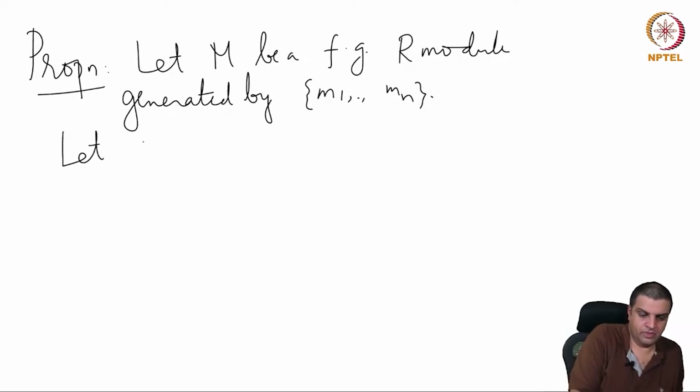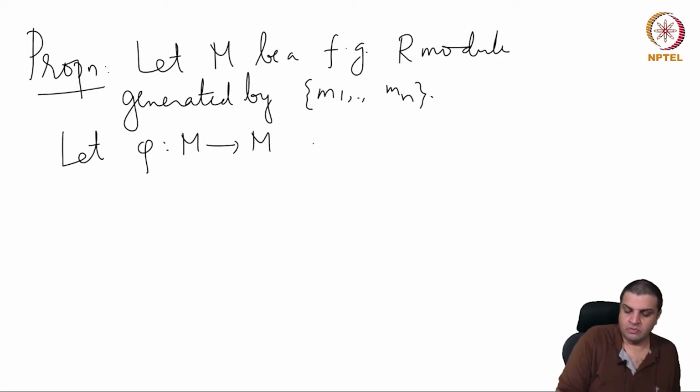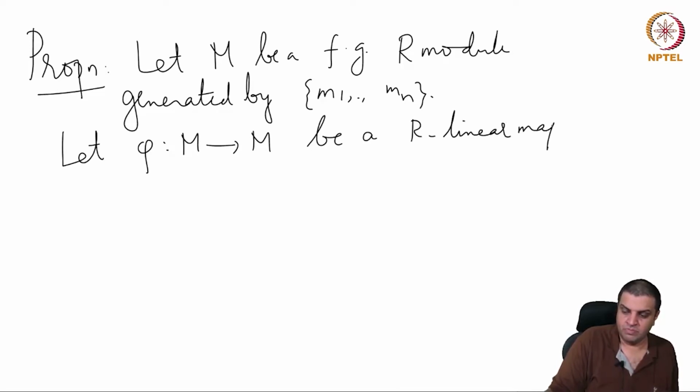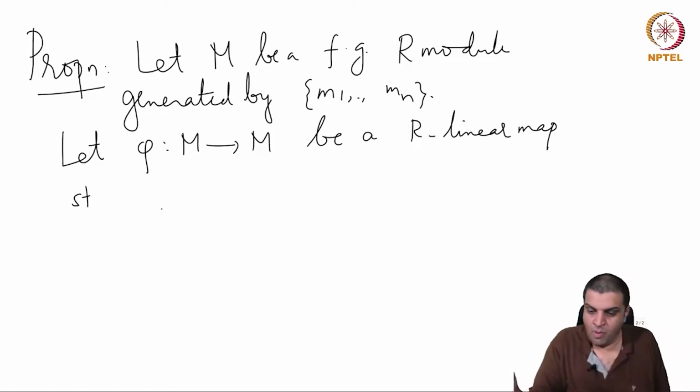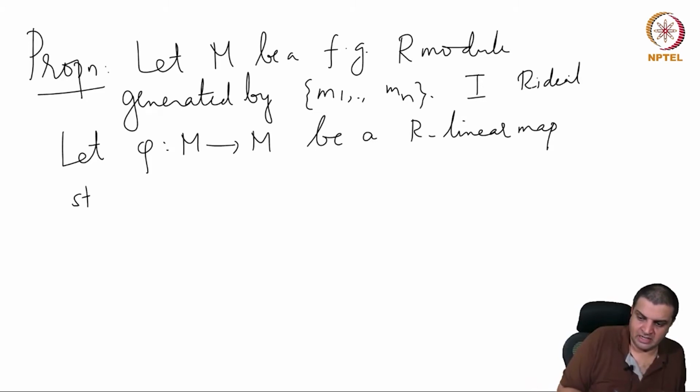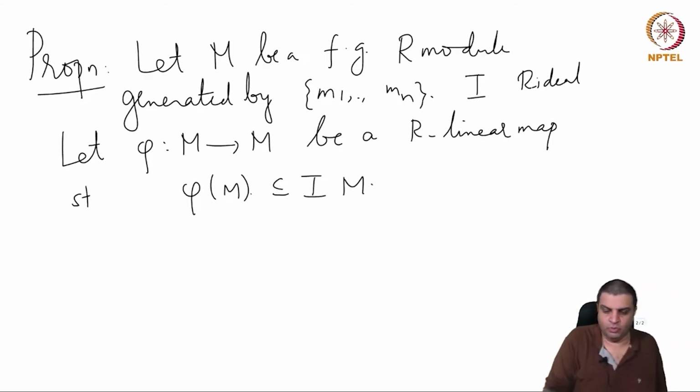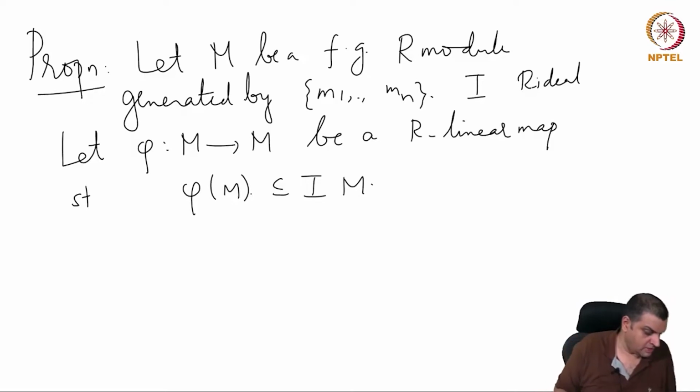Let phi from M to itself be an R linear map, and let I be an ideal of R, such that phi of M is inside I times M. Okay. So both these are submodules of M. So suppose that there is a containment.